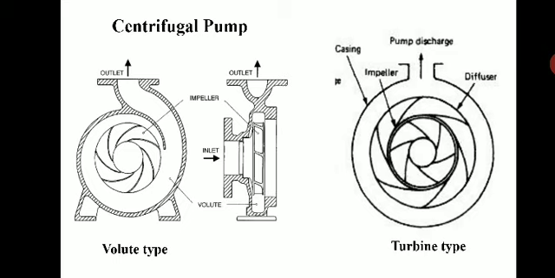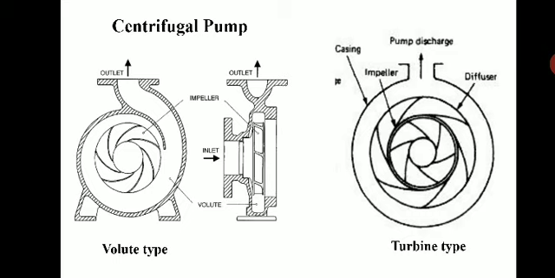Then the design of the pump is compact, and it can be installed in a very small, limited place. If space is available, then you can go for a centrifugal pump.